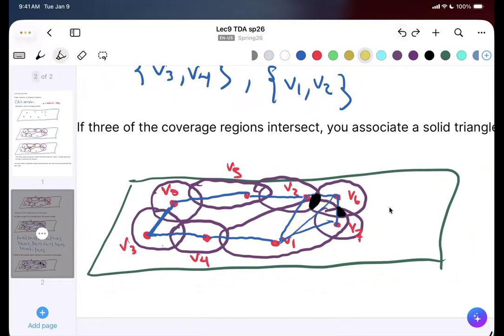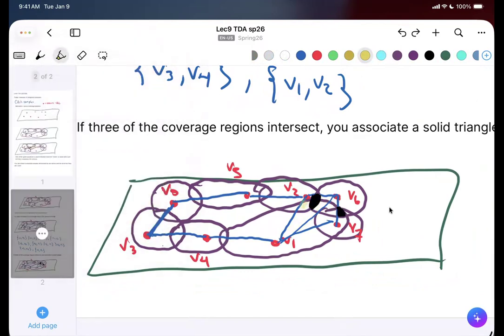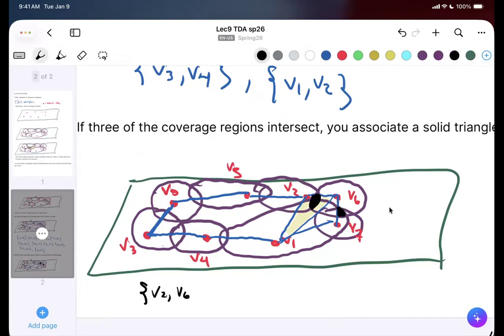You could draw a solid triangle for V2, V6, and V1. And you could also draw, in a different color, the other solid triangle corresponding to V1, V6, and V7, right?